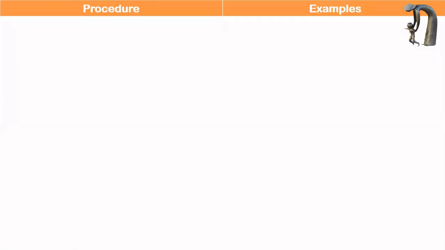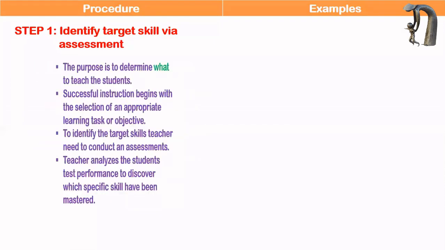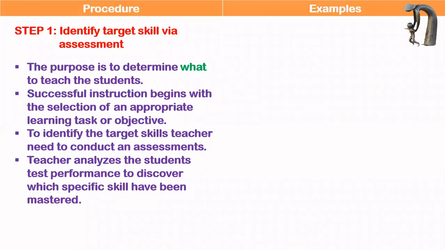So the first step, as you know, is identify the target skill via assessment. What are we going to see in this, why is it important, and what is the purpose behind it? The purpose is to determine what to teach the student.